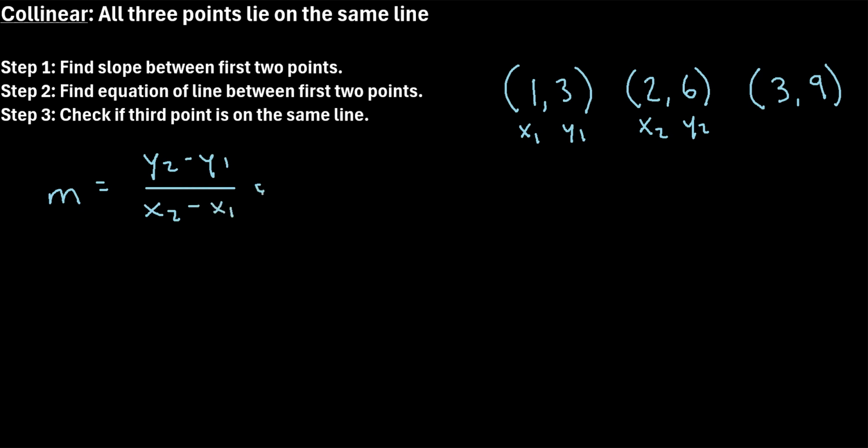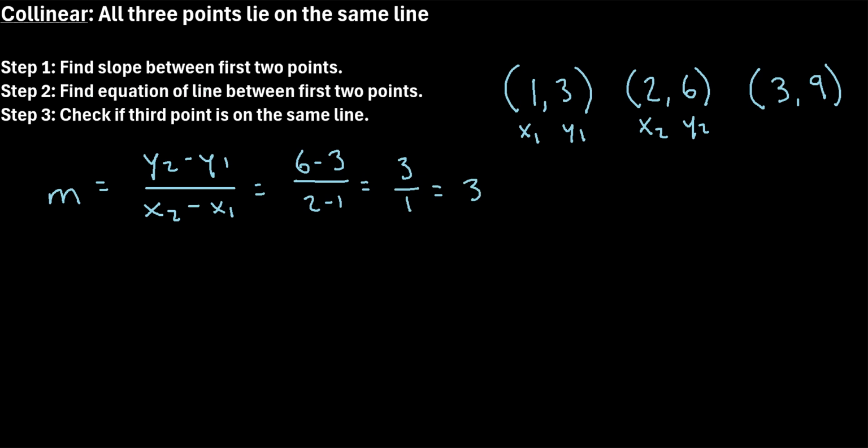So y2 is 6 and y1 is 3, so we get 6 minus 3 over x2 minus x1, so 2 minus 1. 6 minus 3 is 3, 2 minus 1 is 1, so 3 over 1, that's just 3. So the slope between these 2 points is 3.